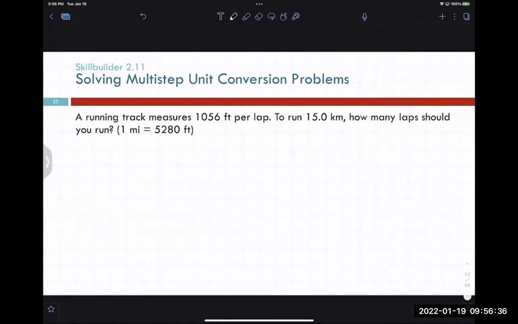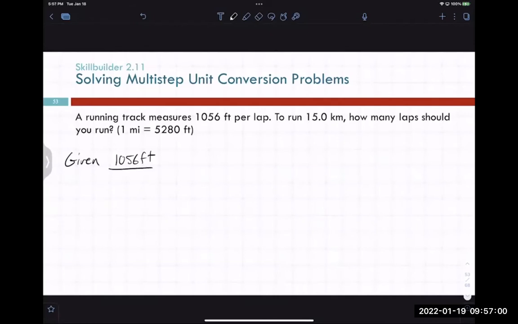So this is a trickier problem, but let's write down what we're given. So we're given that a track measures 1,056 feet, and this is key. We hear feet per, or we hear per. That means almost always that it's a conversion factor.